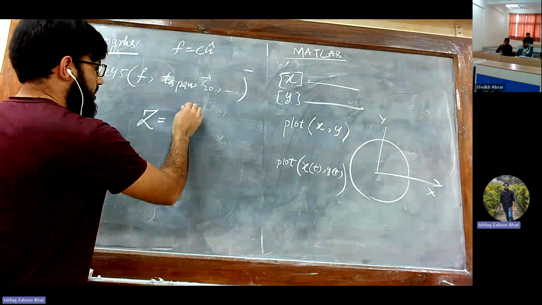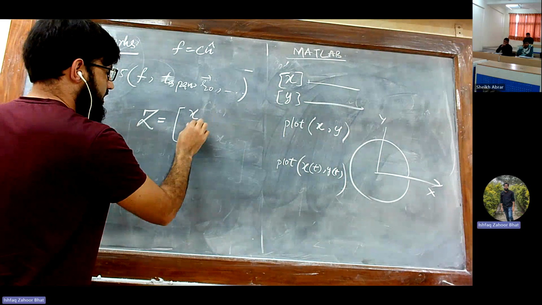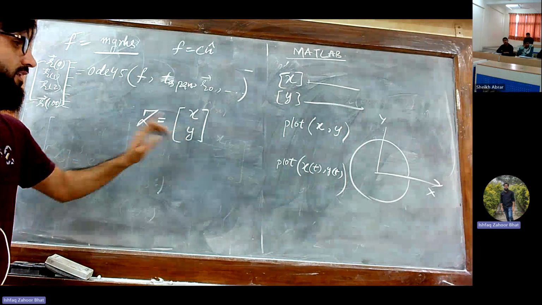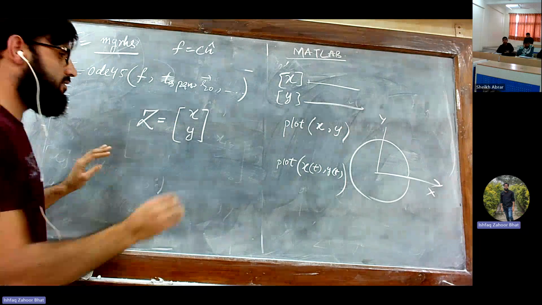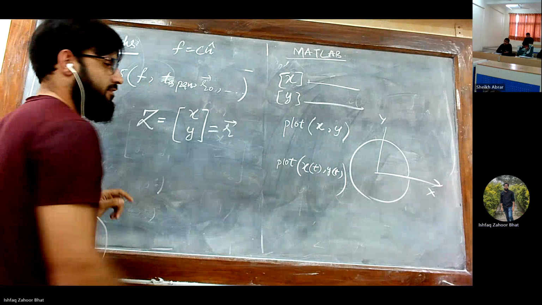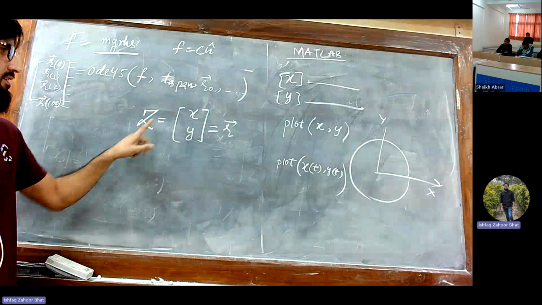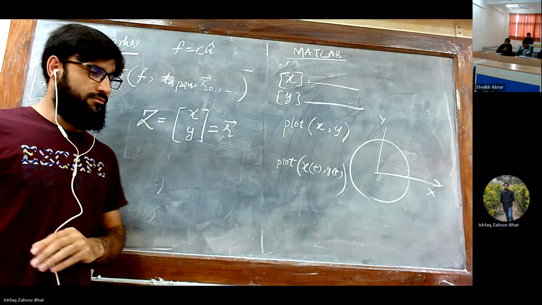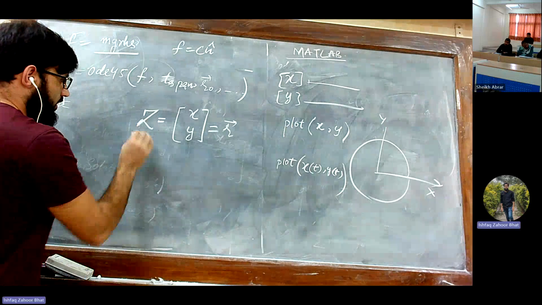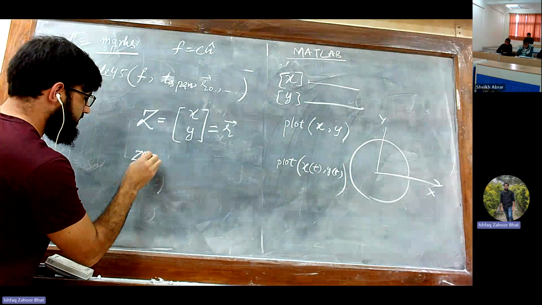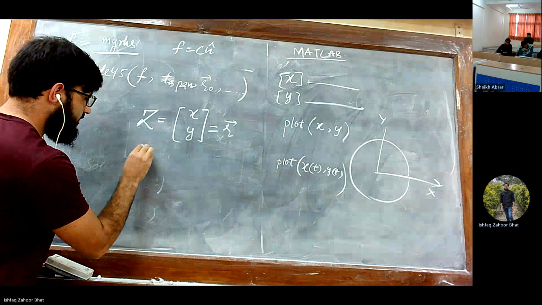z as x and y. Okay, so this z is basically x and y. So you can quickly get that this z is nothing but r. Okay, so this z is x and y, but x and y we know is r. So what will be the z dot?